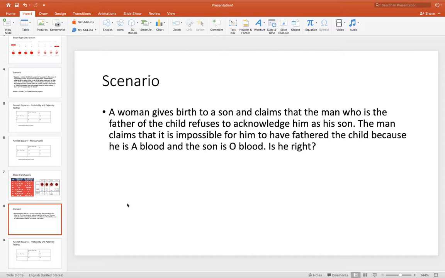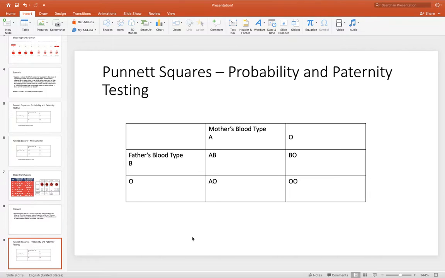Well, if we take a look at this in terms of genotypes that are given, mother's genotype is AO, father's genotype is BO. And if we look, we can see that there is a slight possibility that this individual could have fathered the child. There's a 25% chance. There's a 75% chance that he's not.